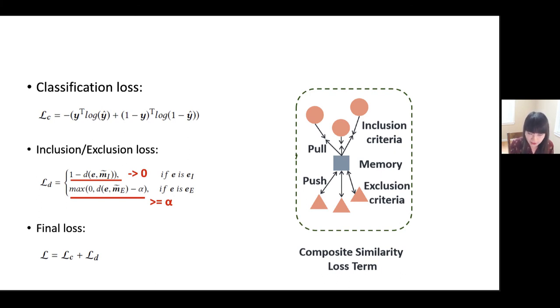If the patient is excluded by an exclusion criterion, the distance between the two embeddings should be no more than alpha. The loss term enables the model to extract different features in the inclusion-exclusion criterion and then help decide which to include or exclude to the patients.